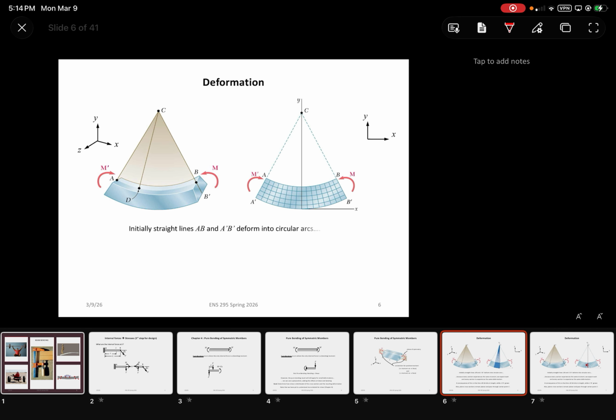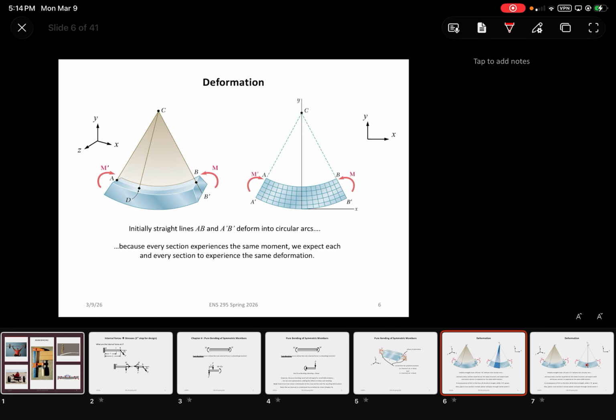So initially, we need to assume straight lines between AB and A prime, B prime. All right. Now, with those initial straight lines, once we subject them to some type of bending, we assume that because they're very small deformations, they are going to deform in a relatively circular manner, right?